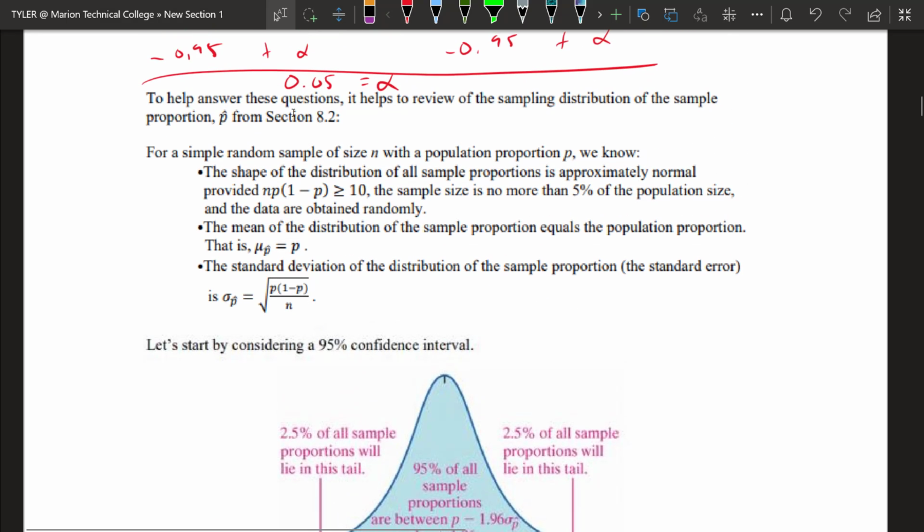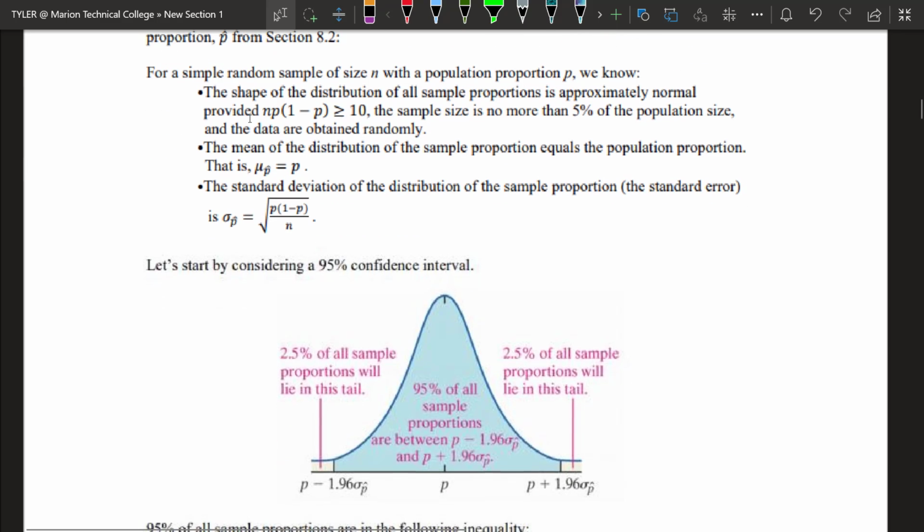So to help answer these questions, let's review some things from section 8.2, right? So the first thing is, if we meet our 3 conditions of a population proportion, right?